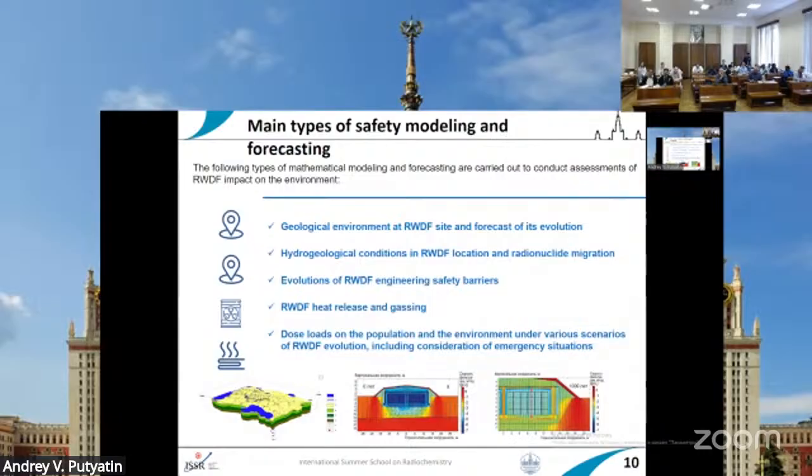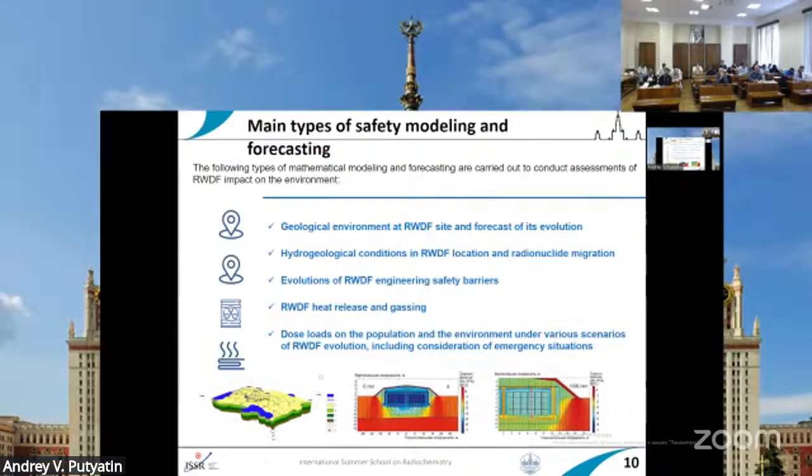Before the construction and during the design of the disposal facility, there are different safety models that are used for the prediction of the properties of the disposal facility, including modeling based on the information about the geological history of the site, so a forecast of the evolution of this site can be done.